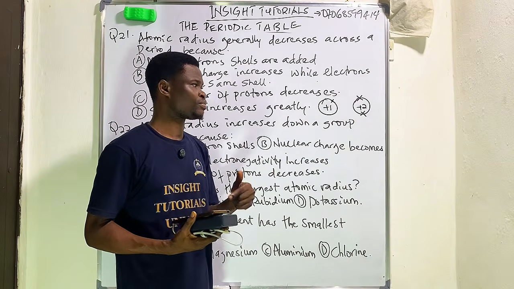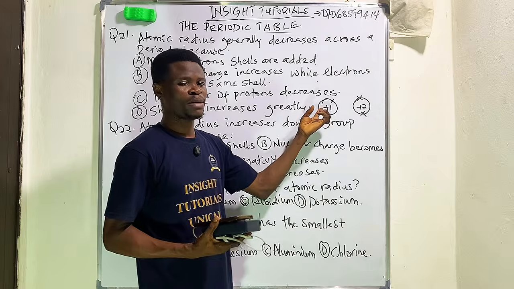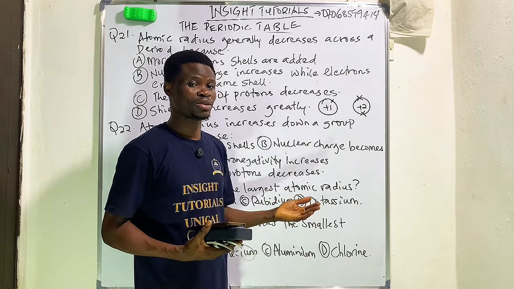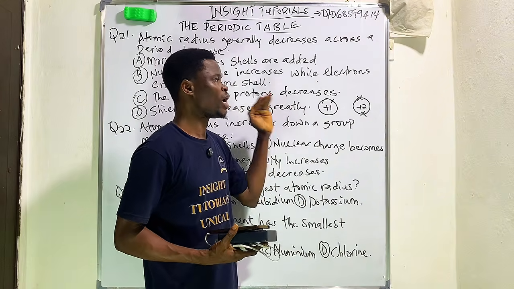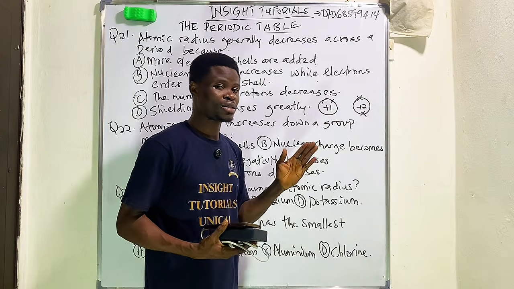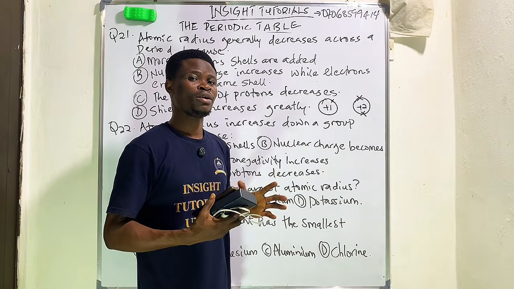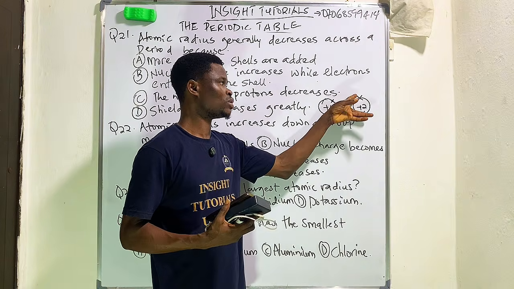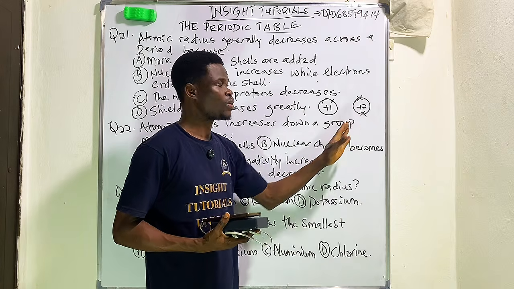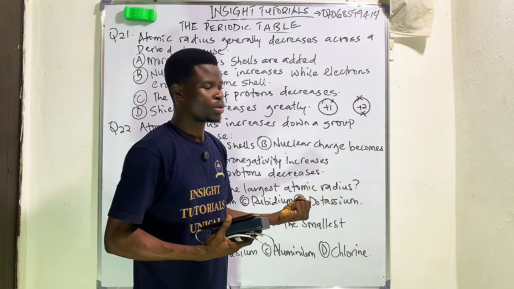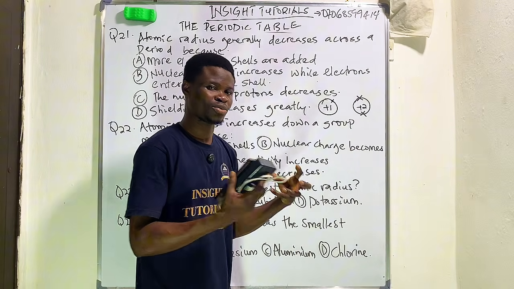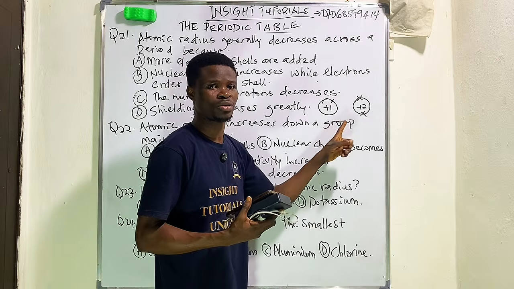What causes that reduction? Hydrogen here has a +1 charge, right? Helium here has a +2 charge. The more protons that you add to a particular element, the more tendency it has to be very attractive to the electrons in the outermost shell. These electrons are negatively charged, so it will cause a pull, because as you increase the number of protons in the nucleus, it will want to react much more with the electrons in the outermost shell, which are negative.